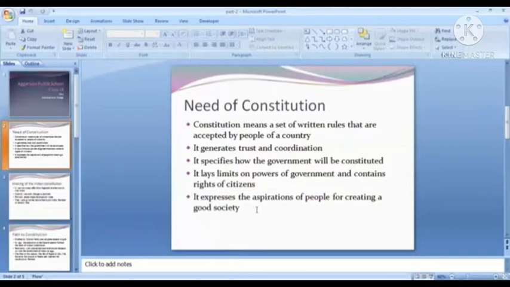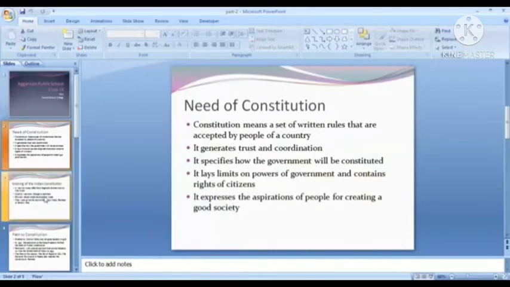Mean the majority group can't exploit the minorities. It expresses the aspirations of the people, how the good society can be created. It is mentioned in the constitution. It means the majority group can't exploit or dominate the minorities.